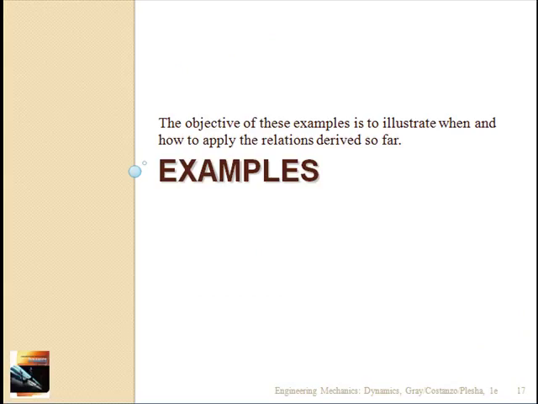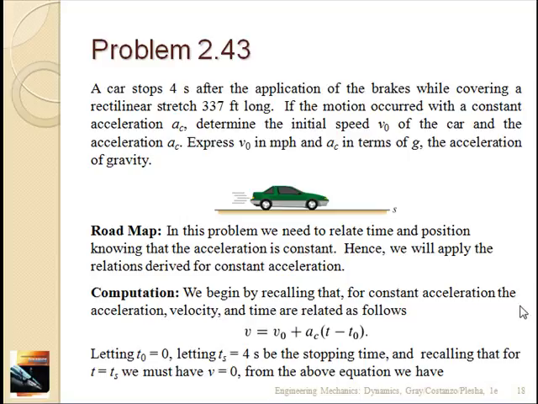So let's do a quick example or two. Okay, so let's start with a decelerating car. So this is back to our rectilinear motion. A car is traveling down the road and all of a sudden jams on the brakes. We're told it takes 4 seconds to stop the car, and it travels 337 feet from the time the brakes were applied to the time that the car stops. If we assume that the linear acceleration is constant, then we'd like to know the initial speed of the car and the acceleration.